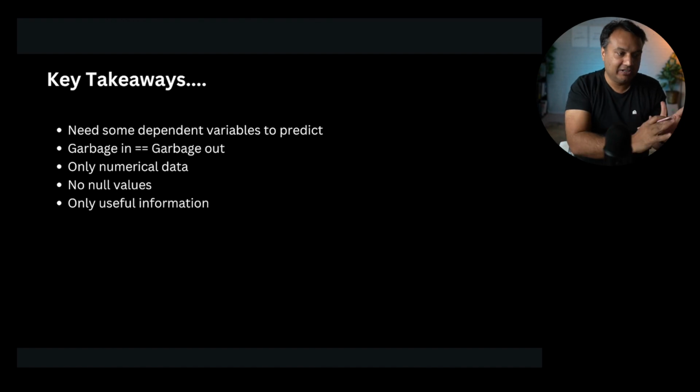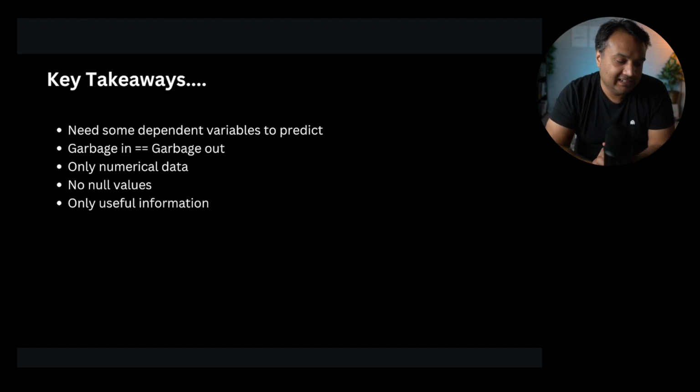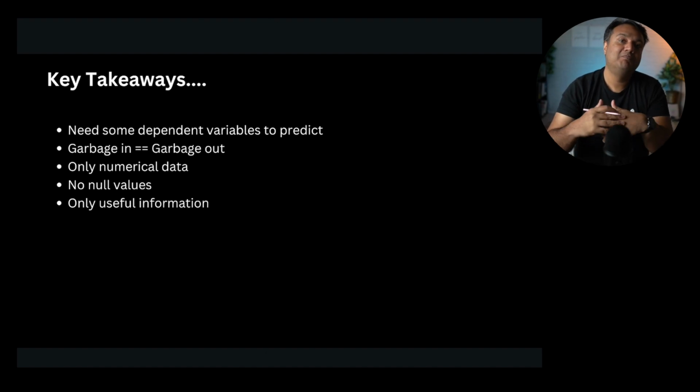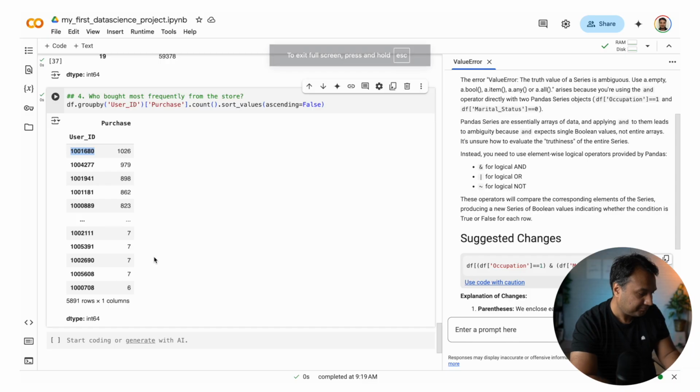So let's go back to our Google Colab and see how we can use the scikit-learn library to actually make some predictions and use linear regression. It will be much easier with the help of computers, as you'll see in a bit.